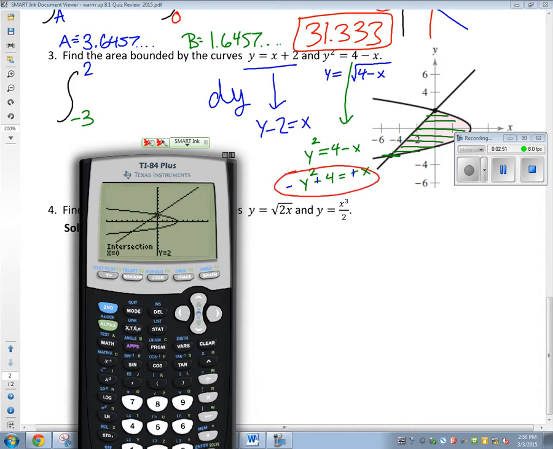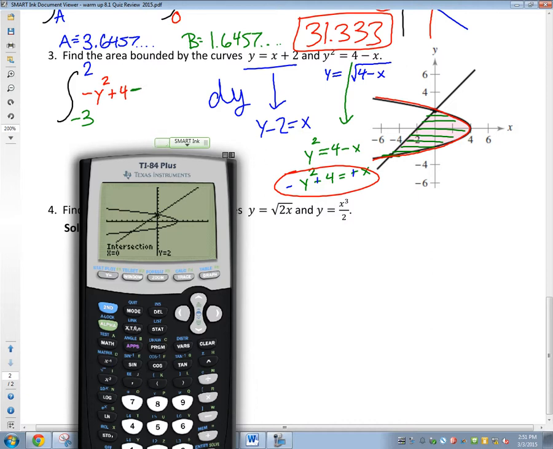This is the right equation. That's this curve right here. So I want to start with the negative y squared plus 4 equation. And then I'm going to subtract the second equation, which is this line right here, the left equation, the 4 minus x. So minus 4 minus x in parentheses.